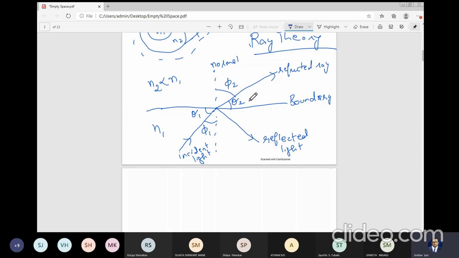However, this situation is not a good situation in the case of optical fiber, because if you view this as n1 being the core and n2 being the cladding, you can see from this diagram that once light enters a different material, that is the cladding, some light is refracted.